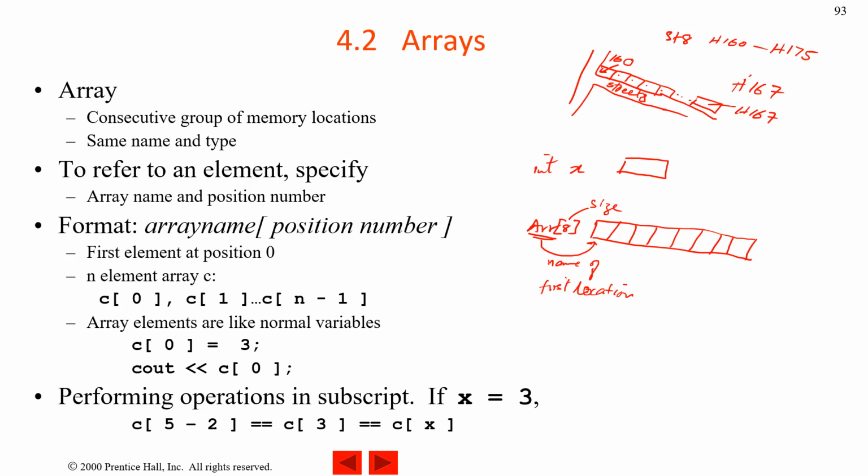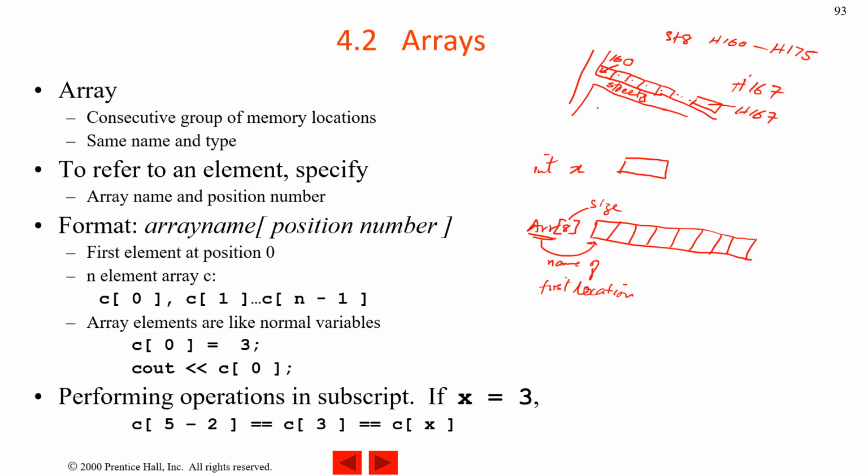So the analogy, if you can see from here, this was street 8, that is ARR, the name of the variable. We know we are looking in street 8, and it starts from 160 and goes to 175. So I know there are 16 houses in this row.